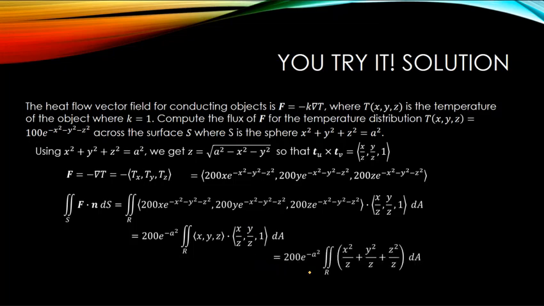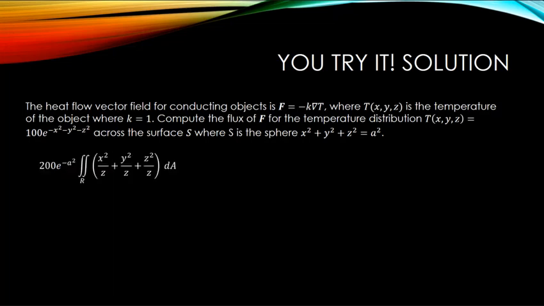This gives me 200 e to the negative a squared times the double integral over R of x squared over z plus y squared over z plus z squared over z dA. I can rewrite this integrand to give me 200 e to the negative a squared of the double integral over R of a squared over z dA.